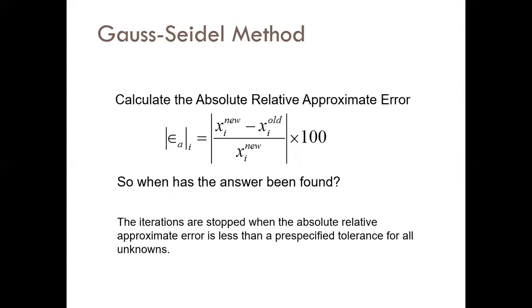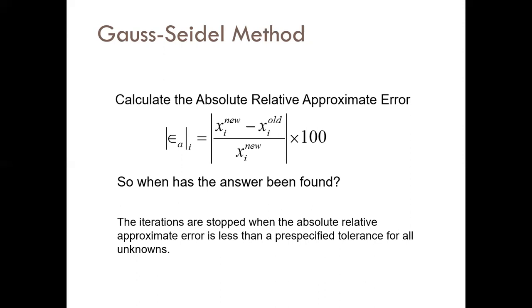Then calculate the relative error: xi new minus xi old divided by xi new, into 100. Suppose the relative approximate error is less than the predefined tolerance for all unknowns, then we can stop the iterations.